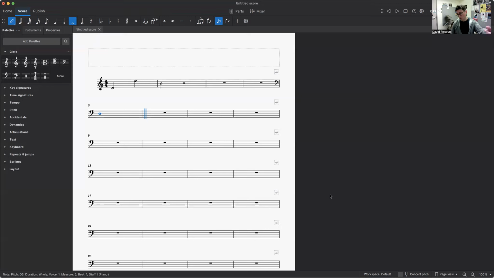So it's going to be written an octave higher than the alto sax would be in order to sound the same. So I know this is going to be potentially super confusing, but bear with me. And it's going to be written in the treble clef. I know it's madness.